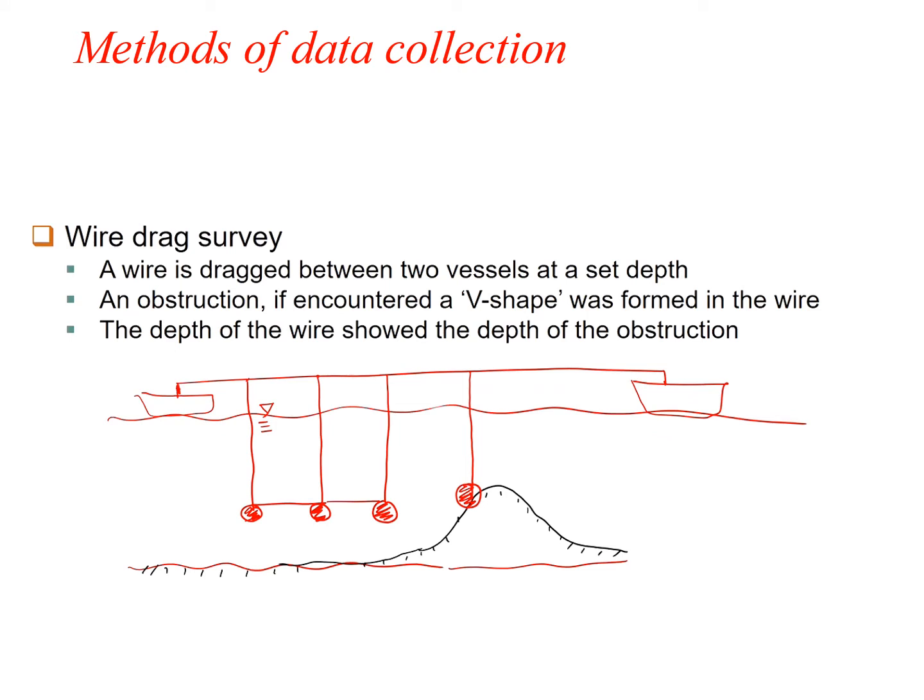One more technique is the wire drag survey. So what is happening? Let us say this is the position of one boat on the water surface, and this is another boat on the water surface. Now there is some kind of projection here, and some kind of projection here, and in between these two a wire is stretched.